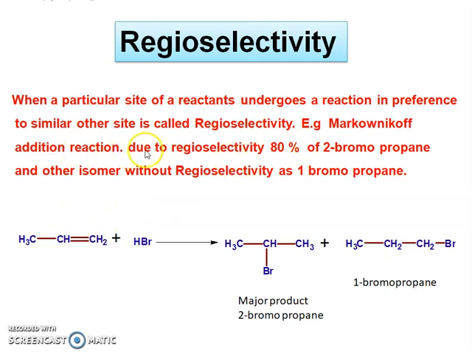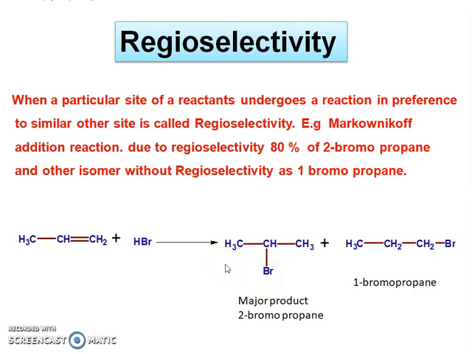So in the addition reaction, due to regioselectivity, we get 80% 2-bromopropane, and without regioselectivity the other isomer, 1-bromopropane, is also possible as a product. So this site is preferably where the bromine reacts, giving a regioselective reaction.